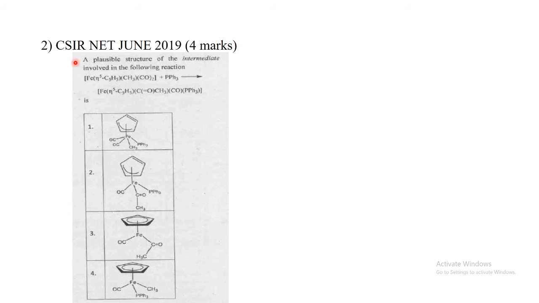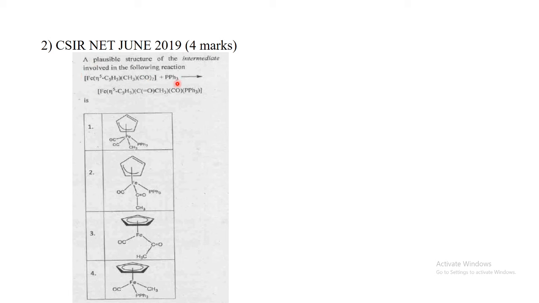The next question. So we have been given a reaction, a plausible structure of the intermediate involved in the following reaction. So this is an organometallic compound of iron. We have one cyclopentadienyl ligand, one methyl ligand and 2 carbonyl ligands.